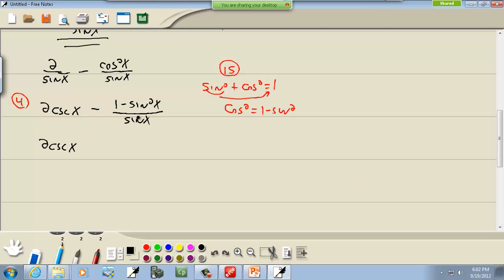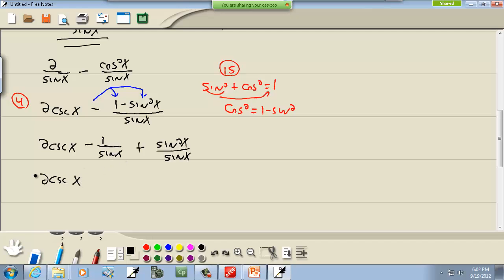Now we want to split this up into separate fractions, so I'll have minus 1 over sine. And this negative flips the sign of everything that follows it. So that's going to change the sign of this and this. So that becomes negative. Negative becomes a positive sine squared over sine.